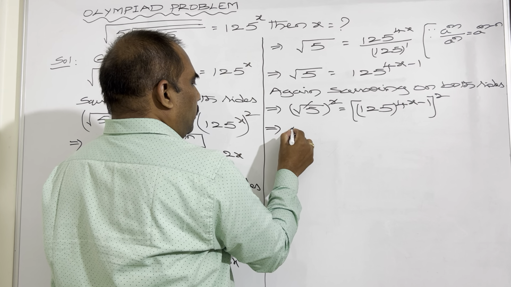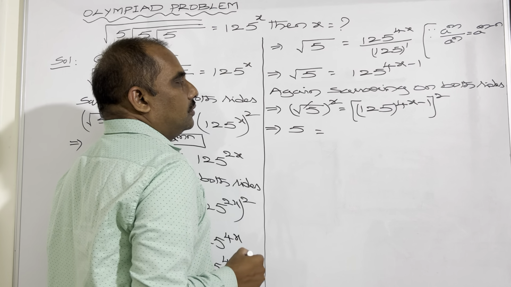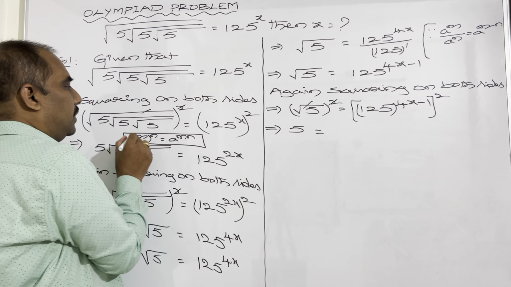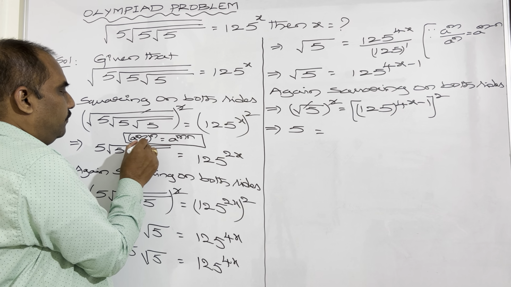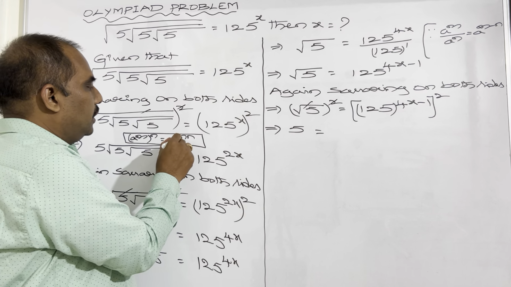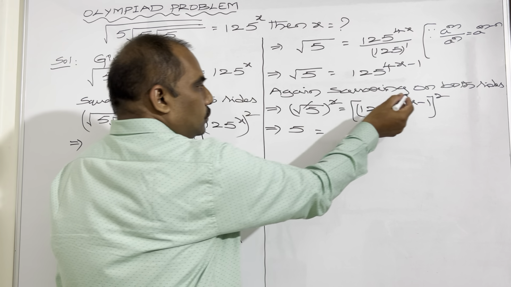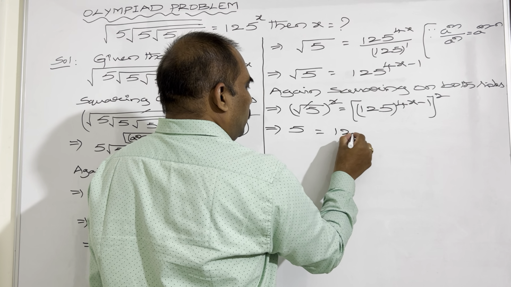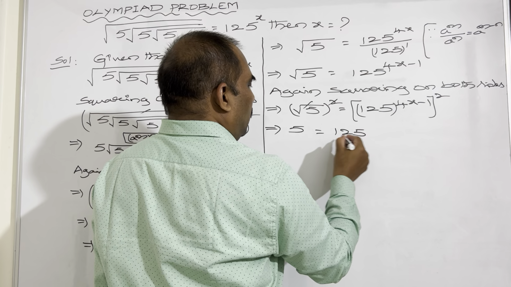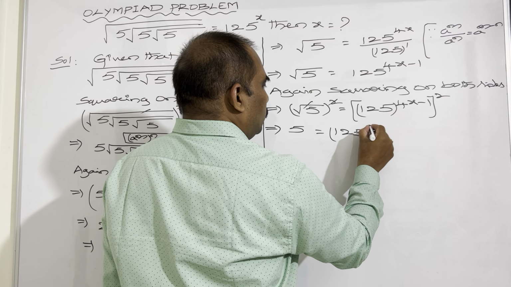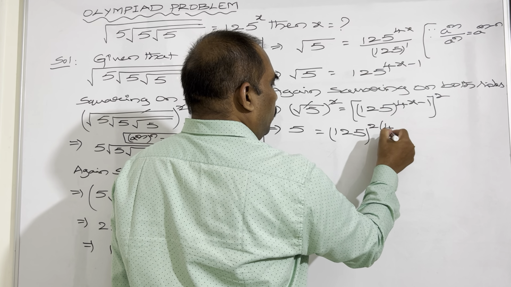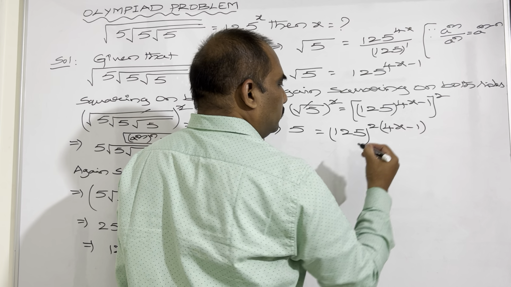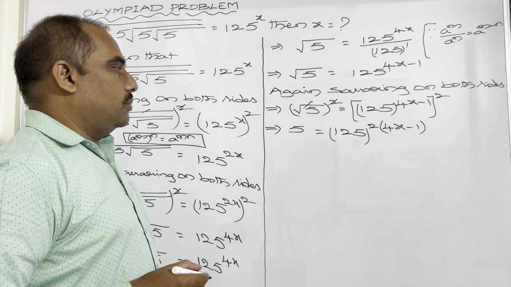So we have 5 is equal to, using the same property, a to the power of m whole power n is equal to a to the power of mn. So this becomes 125 whole to the power of 2 into 4x minus 1.